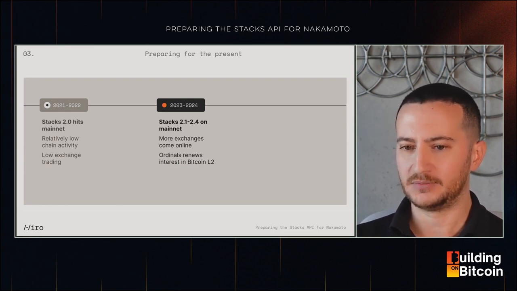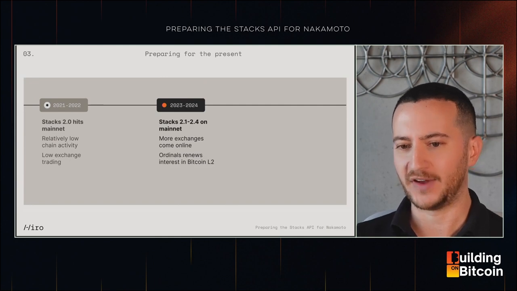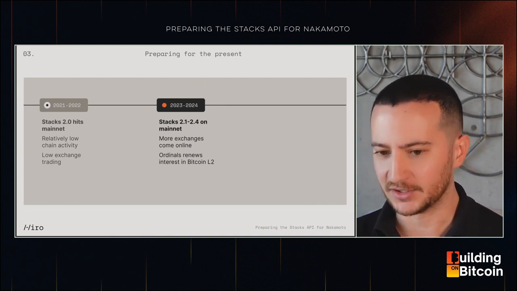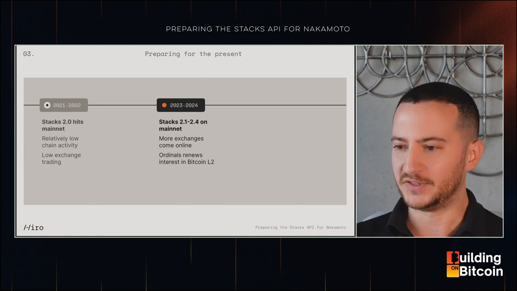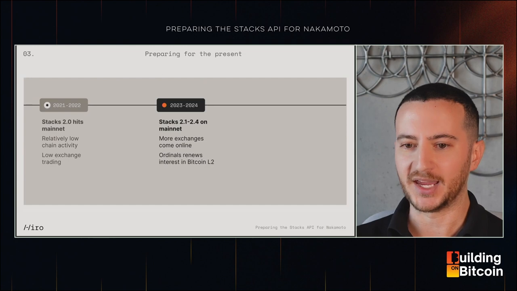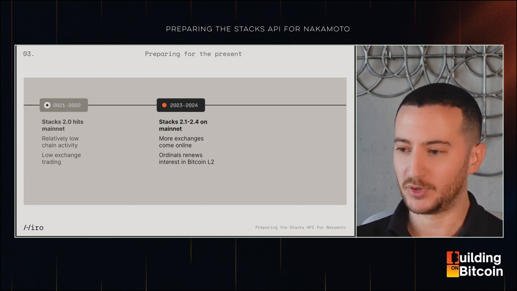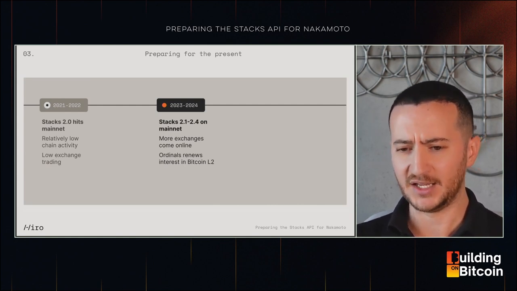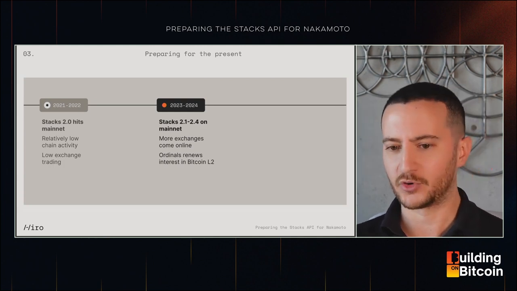This in turn brought massive numbers of activity to the Bitcoin chain, but also something interesting happened: a lot of developers and users started talking again about Bitcoin L2 solutions and scaling solutions. So since Stacks is one of these solutions, a lot of new users and developers started paying attention to it, started experimenting with it, creating accounts, new addresses. So we saw a very big spike in activity in the network and also on the API, of course.